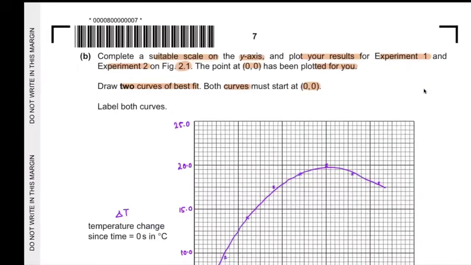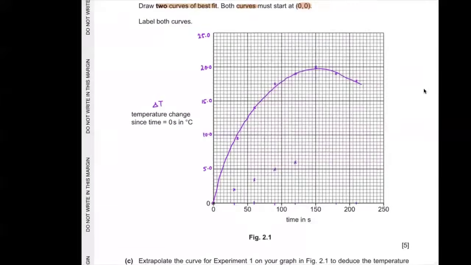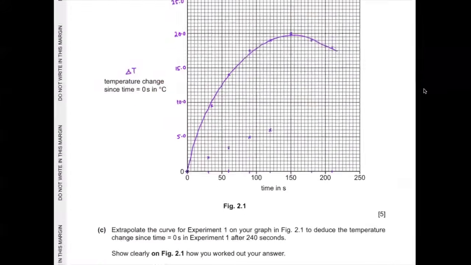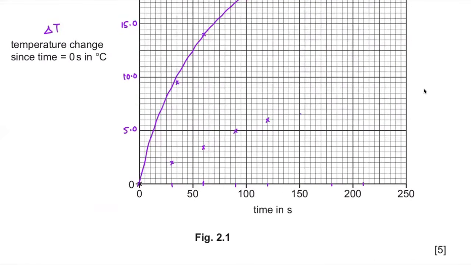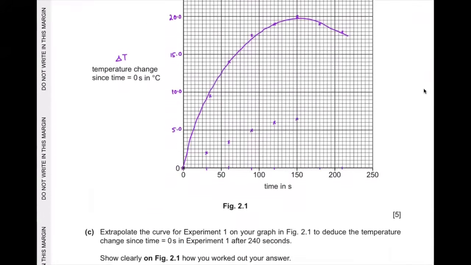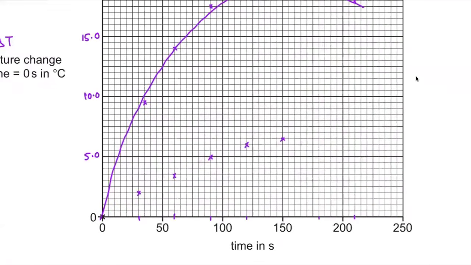And then at 120, it's 6. Then 150, it's 6.5. 6.5 must be like this. And then at 180, it's 7.